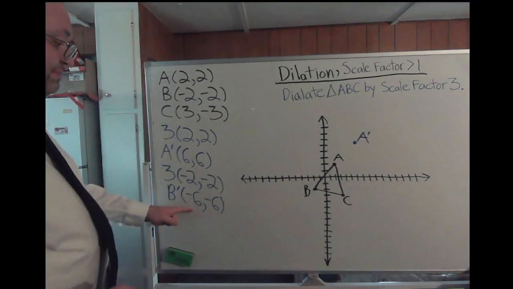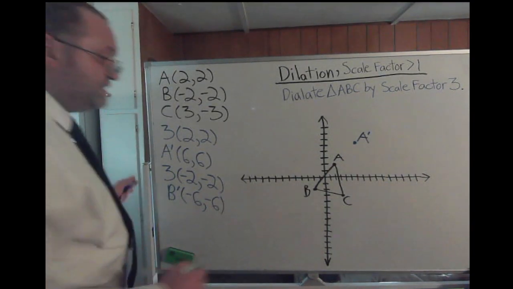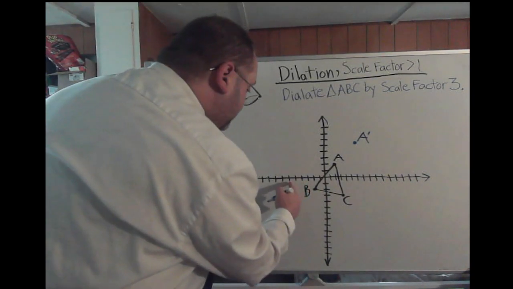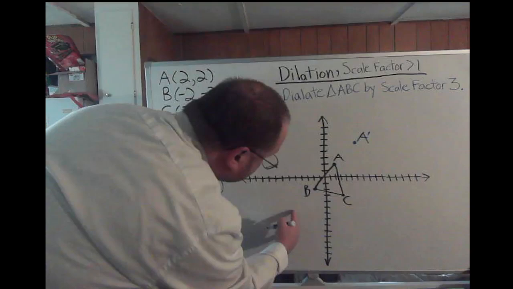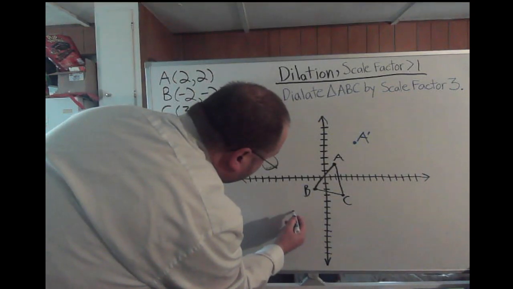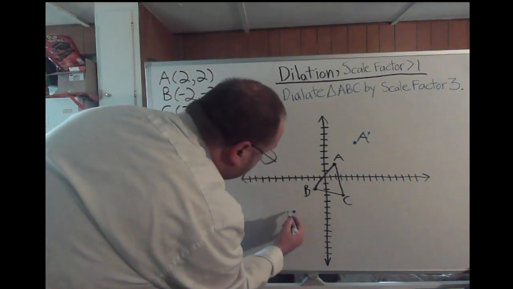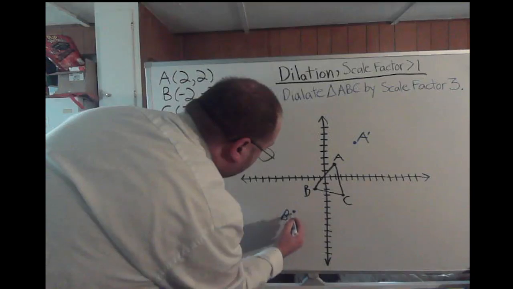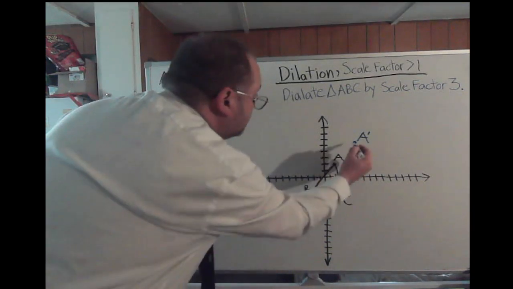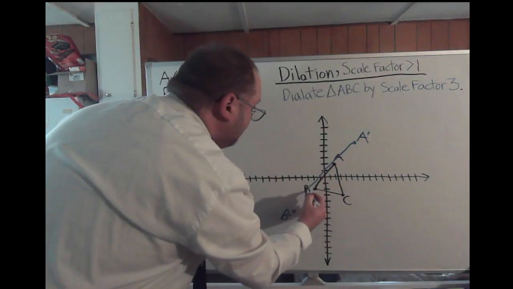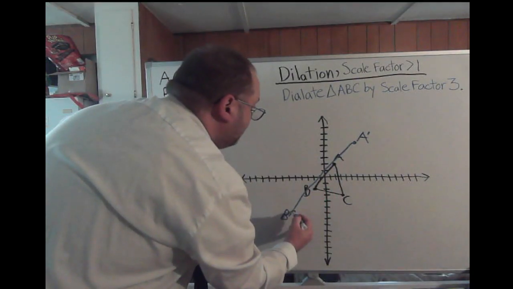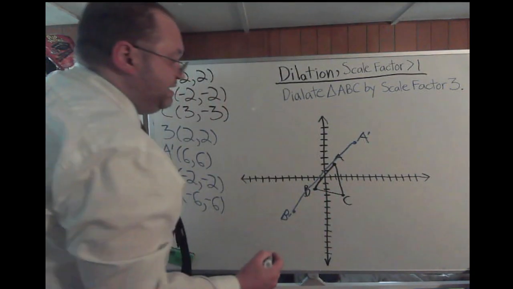So B prime is at -6, -6. So 5, 6... right about there. That would be B prime. Let's go ahead and connect A prime and B prime. There's A prime and B prime.